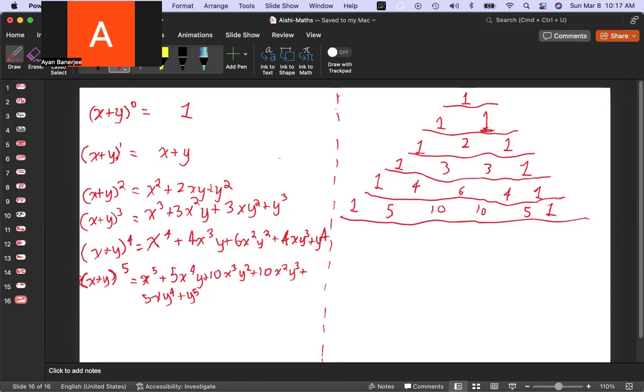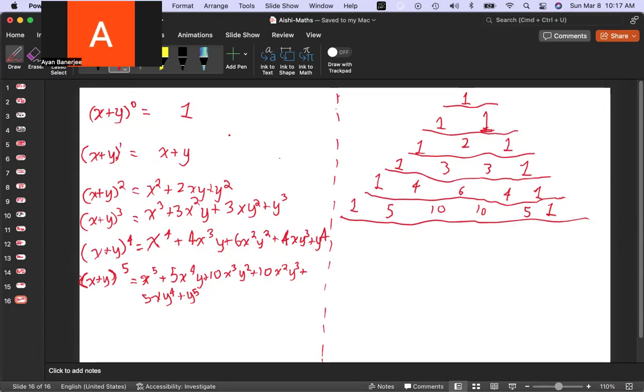We get x to the power 5 plus 5x to the power 4 y plus 10x cubed y squared plus 10x squared y cubed plus 5xy to the power 4 plus y to the power 5. Okay. My throat's dry. It's so long. Okay, interesting part.